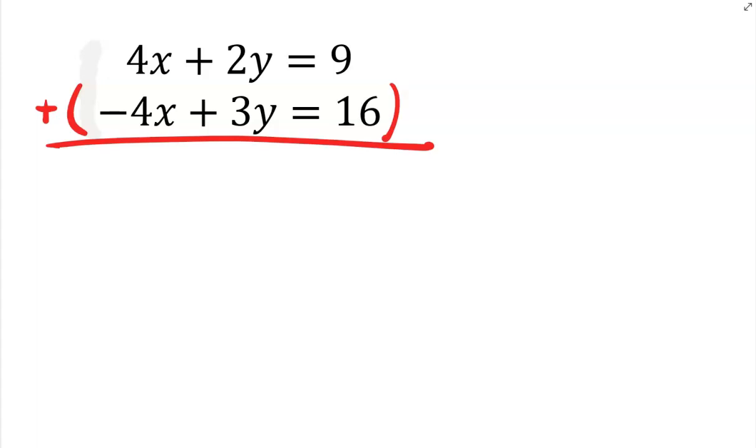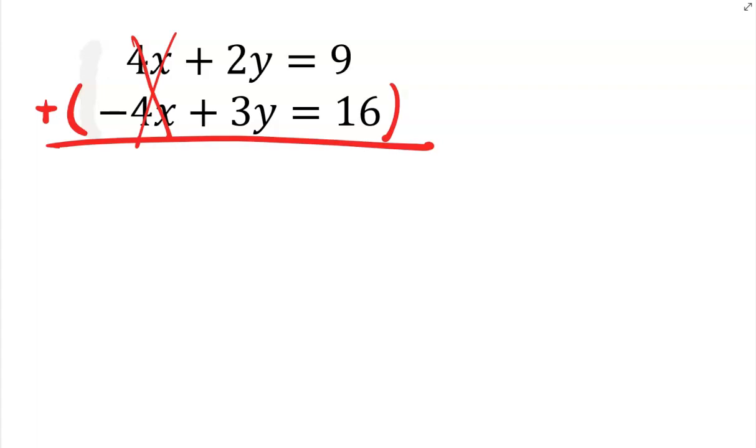And interestingly, a 4x plus a negative 4x, or in other words 4x minus 4x, that ends up equaling 0x. Or in other words, these two terms disappear. The variable itself, x, disappears.